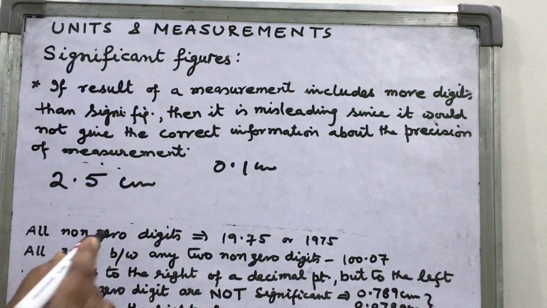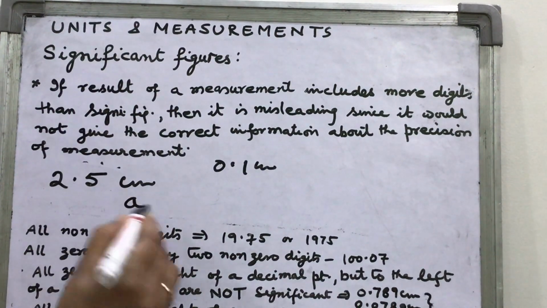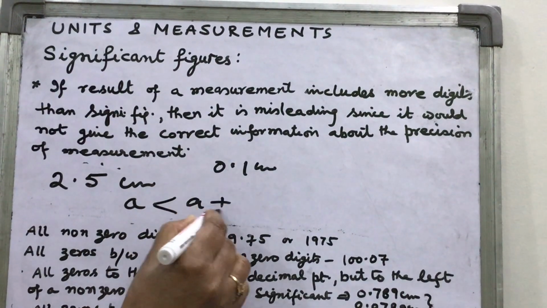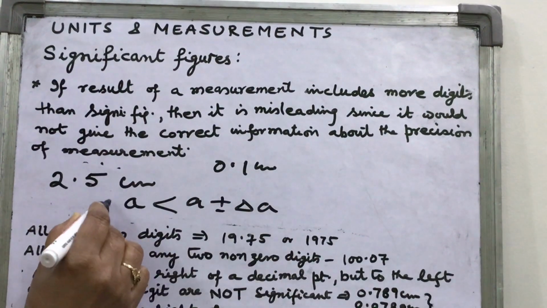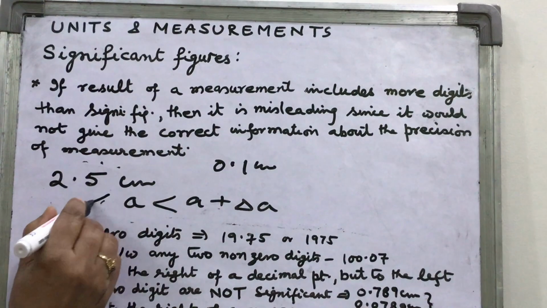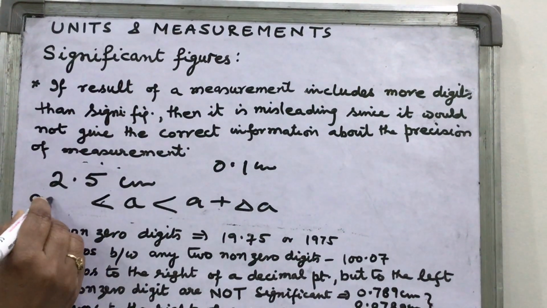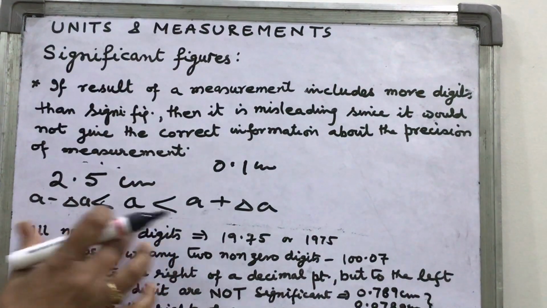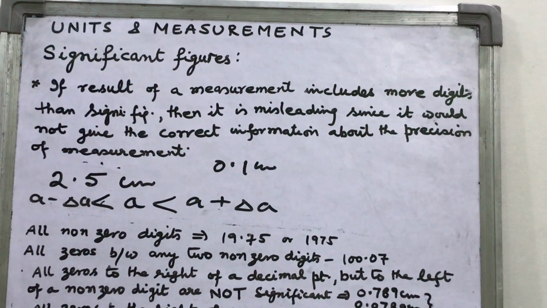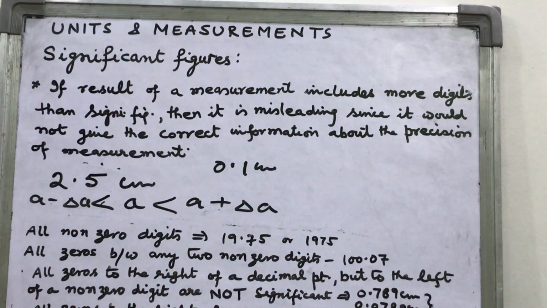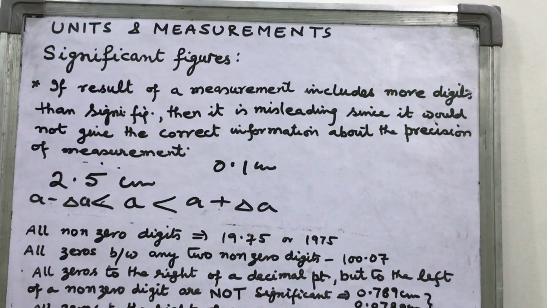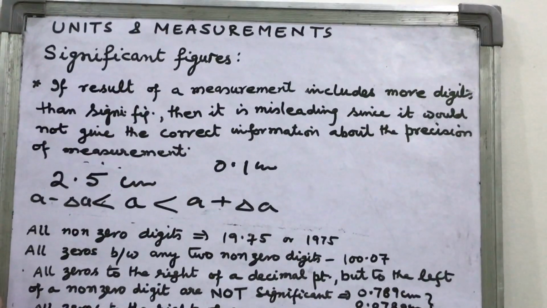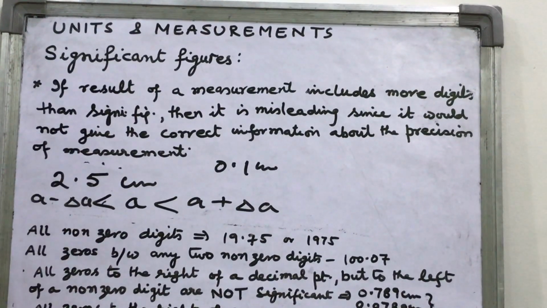We have read in error analysis that every measured quantity, suppose A, can be written as A plus minus delta A, that is between A minus delta A and A plus delta A. We have read this earlier, and if you want to go through it, see the error analysis that we discussed in the previous video. So this is the reliably known digit and this is uncertain.